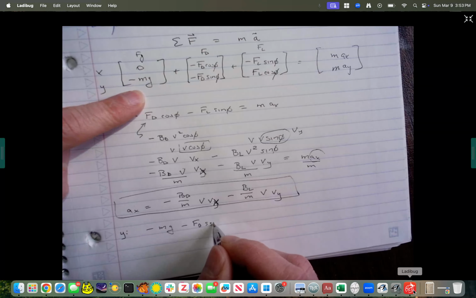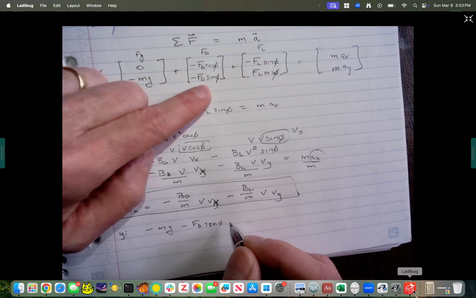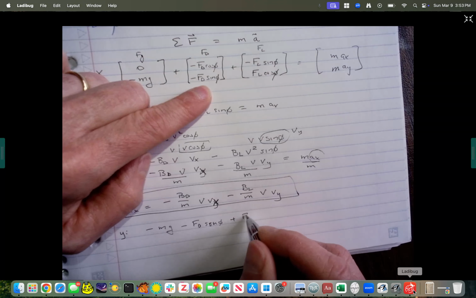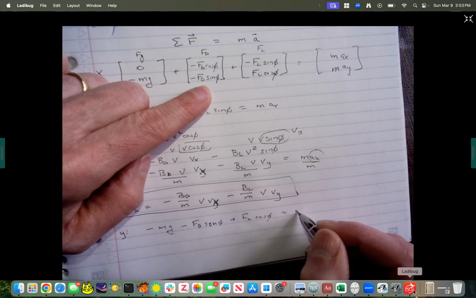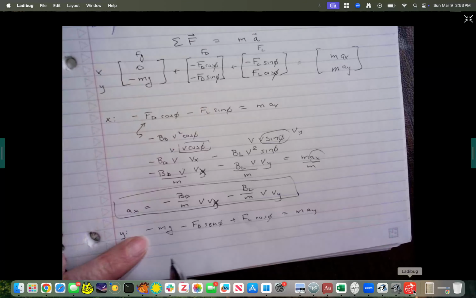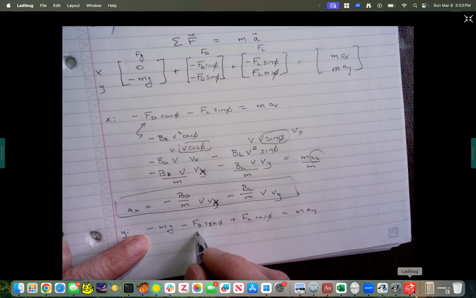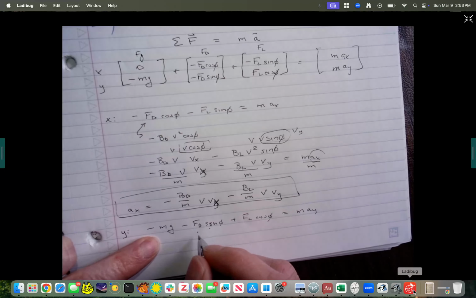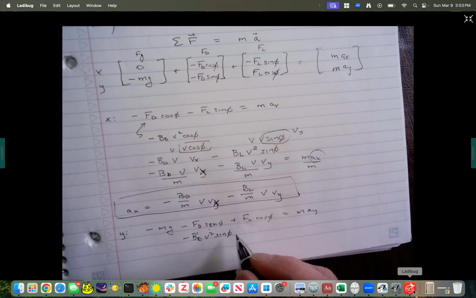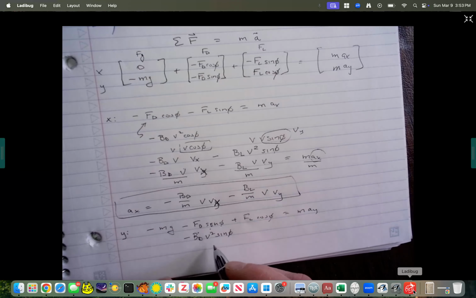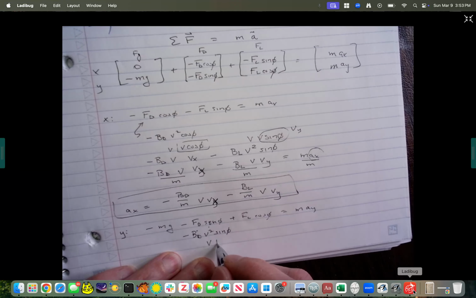So F drag sine phi plus F lift cos phi equals m a_y. So this is going to be minus b_drag v squared sine phi, and v sine phi is the same as v_y.